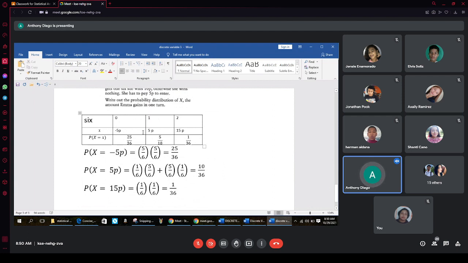Then if you get 1 six, you have been paid 10 pence, but then you have paid 5 pence for entering the game, which means that you only gain 5 pence. Here, if you get 2 sixes, you gain 20 pence, but you remember you have paid 5 pence, so that would be a 15 pence gain. Are there any questions?